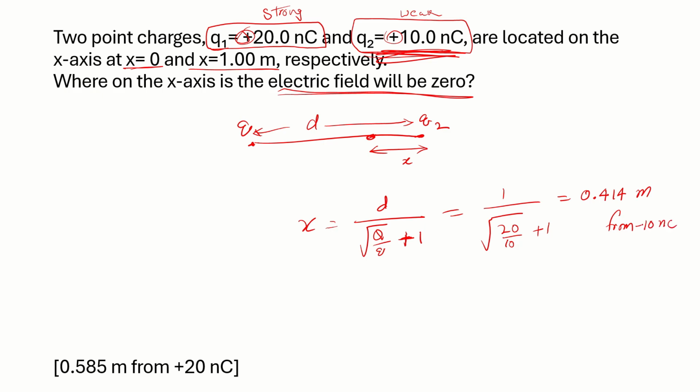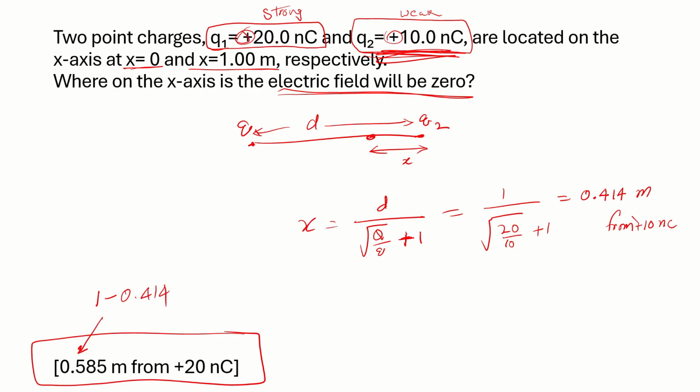We can also write like this: the answer given here is from the 20 nanocoulomb. So how to get this answer? Just the total distance 1 meter minus whatever we got as our answer, 0.414. That's it. We get this approximate value.